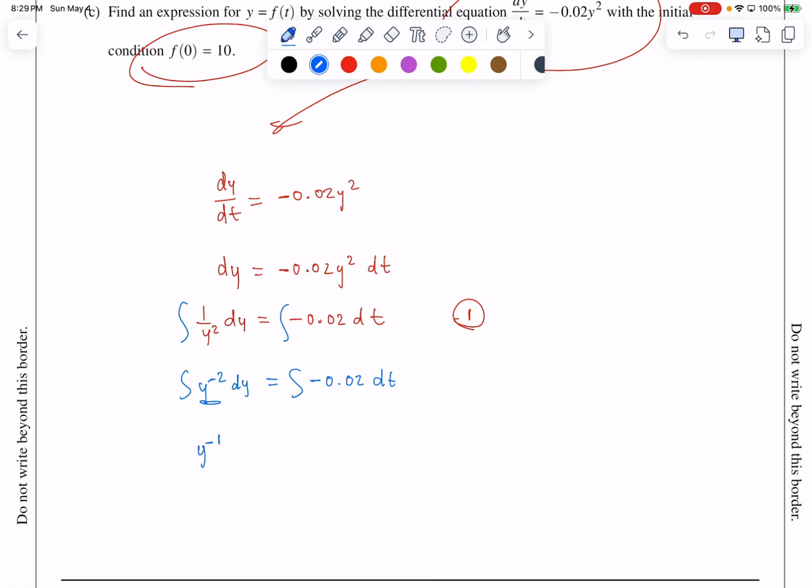If I divide by negative 1, it's just going to make it negative. Is there a plus c? Yes, but I can put it on the other side. What's the antiderivative of negative 0.02? Just a constant. Negative 0.02 what? Not x, t. Plus c.